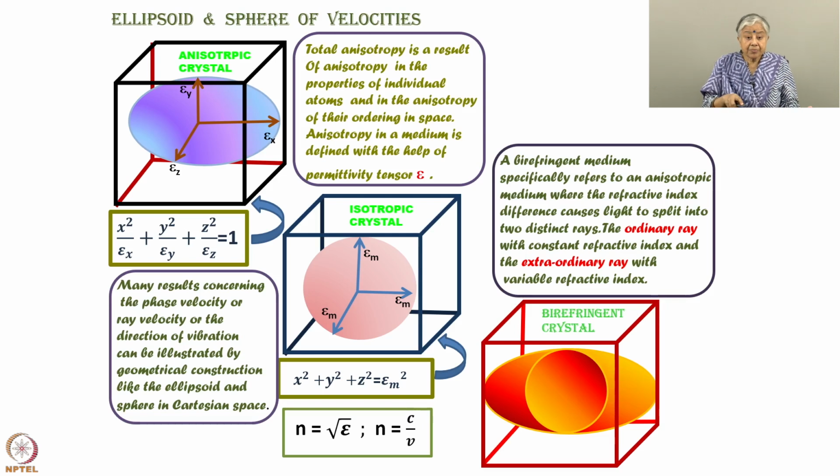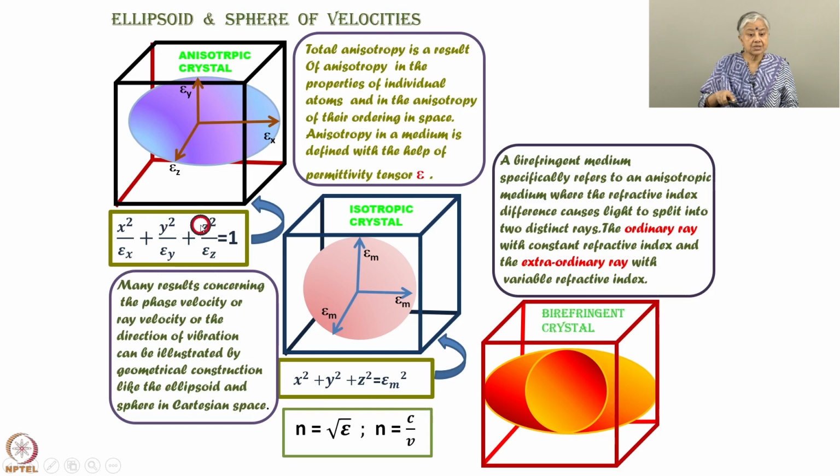How can I represent the different values of the permittivity which differ in the different directions of the crystal? One way of doing it is by this construction of an ellipsoid. You can very well derive it, it is a very long derivation, and I am not going to get into the derivation here.